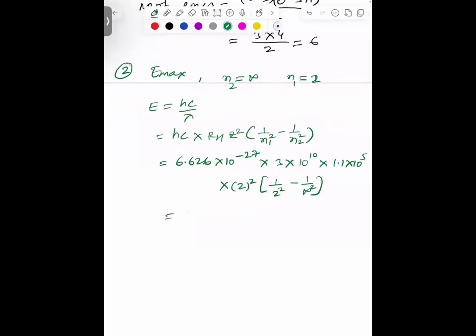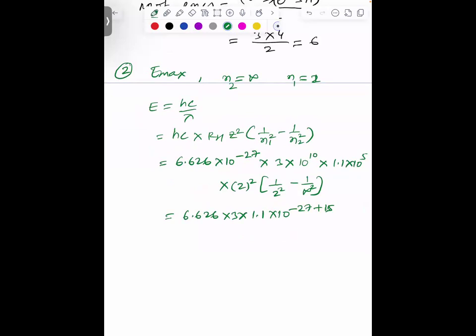While solving, 6.626 into 3 into 1.1 into 10 to the power minus 27 plus 10 plus 5, 15. Now 1 by 2 square and into 2 square cancel out.